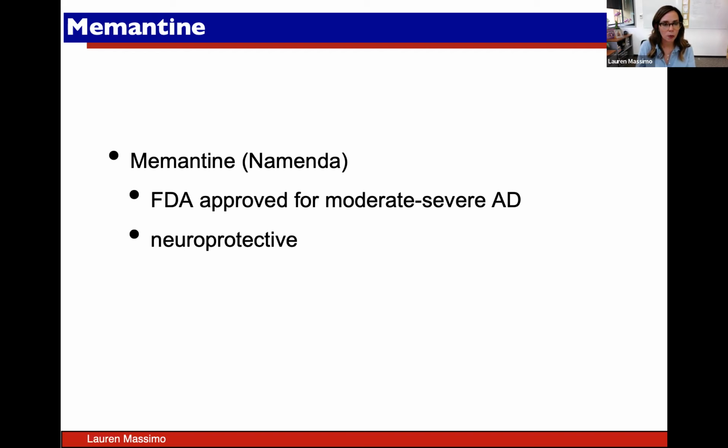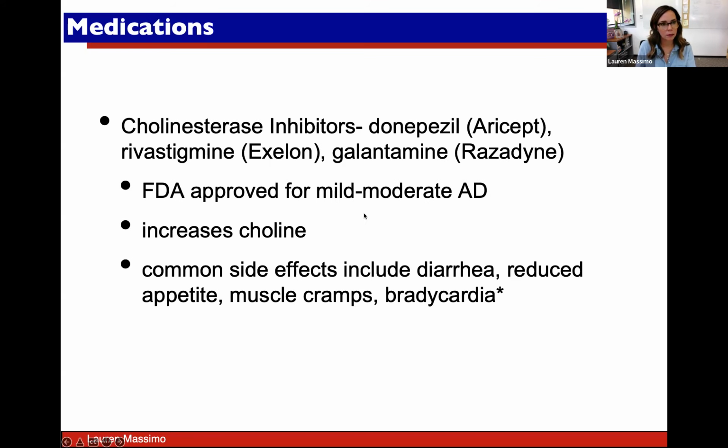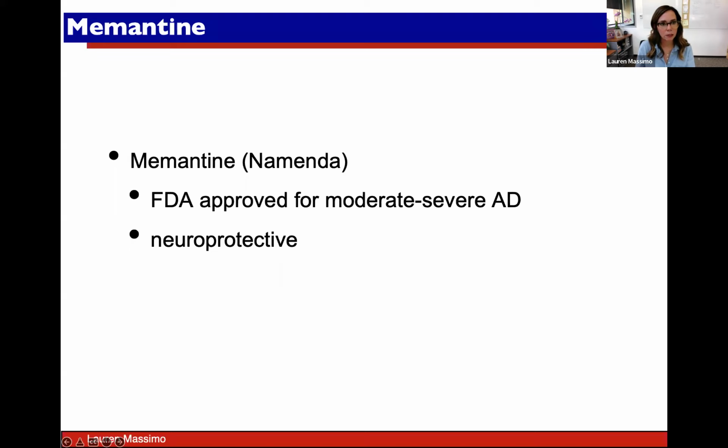So generally, you're starting the cholinesterase inhibitors first for individuals in the mild stage of Alzheimer's disease. And then when individuals become moderately impaired, you're then adding on Memantine to their drug regimen.